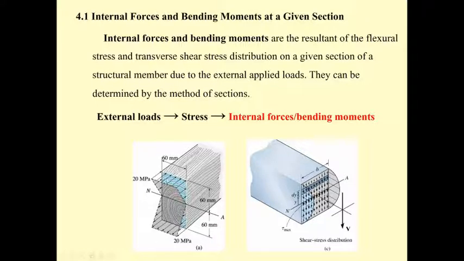This normal stress can be determined from the equation sigma equals Mc or My over I, and tau, the shear stress over here, can be determined from the equation VQ over It, where V is the shear force, Q is the moment of the area above the neutral axis, I is the moment of inertia, and t is the thickness.